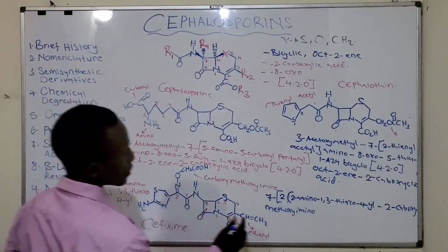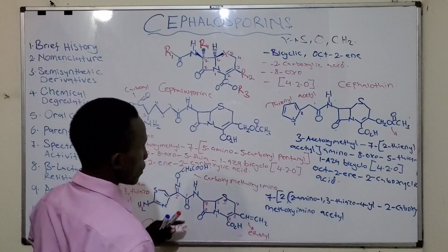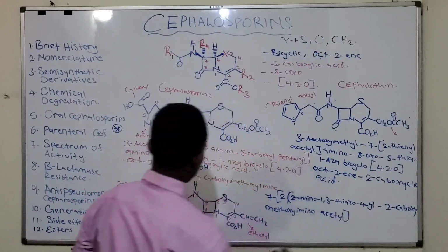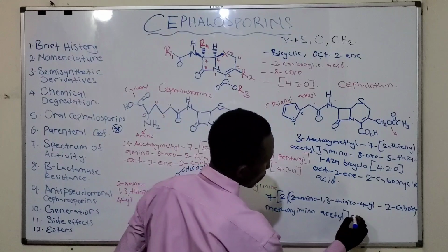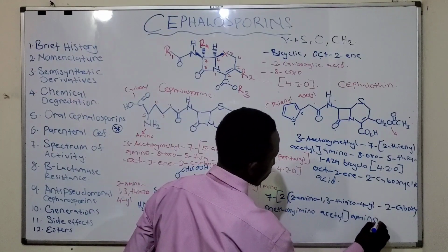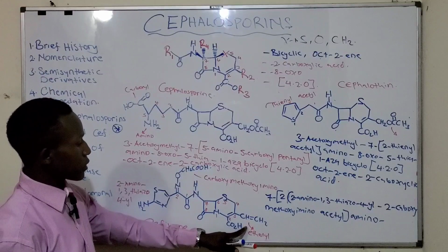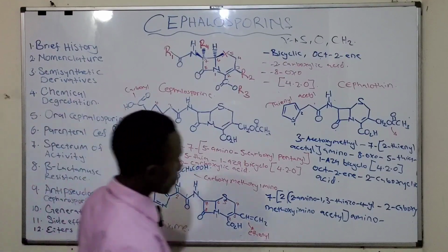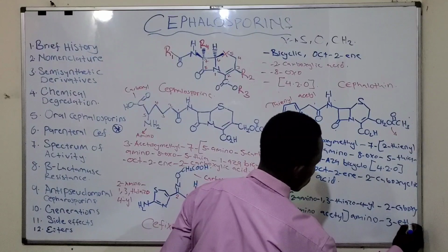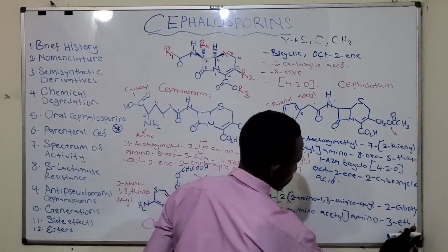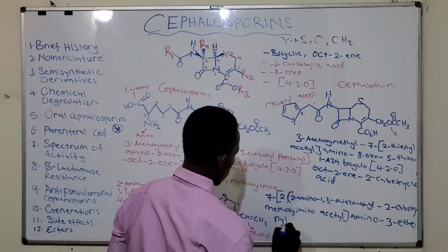Then this group is acyl. It is on this side chain of the amine, so it will be acyl amino. Then now we come to this group, which is 3 ethenyl. So 3 ethenyl.